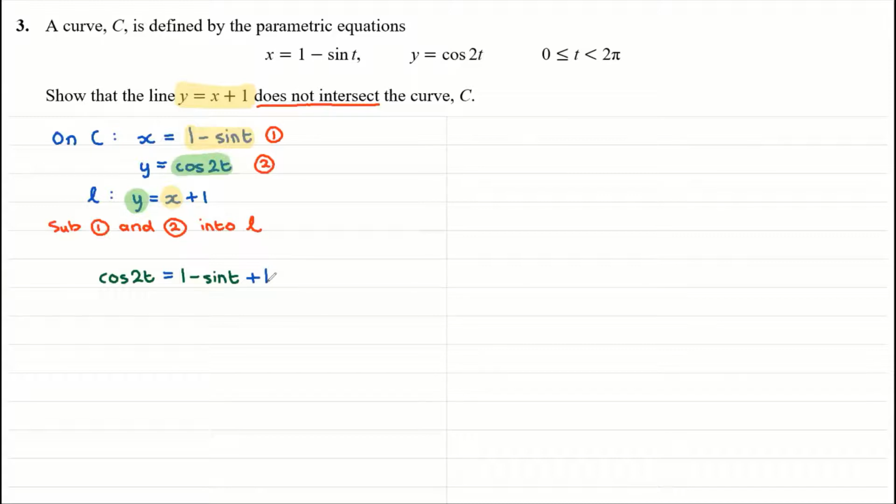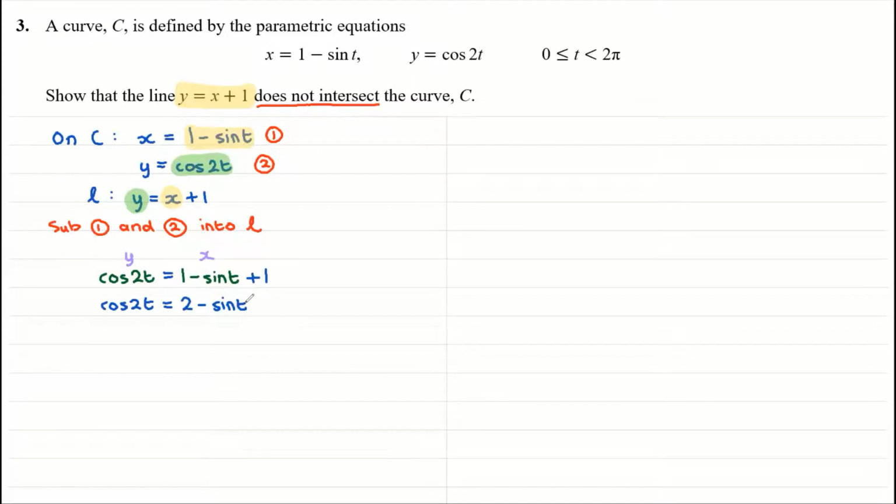Just to remind you, that corresponds to y is equal to x plus 1. Right, so let's just tidy this up a bit. So we've got cos 2t equal to, now we've got 1 plus 1, which is 2, 2 subtract sine t.